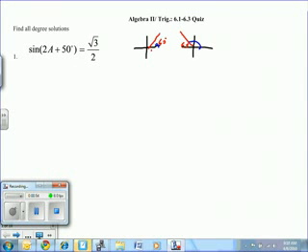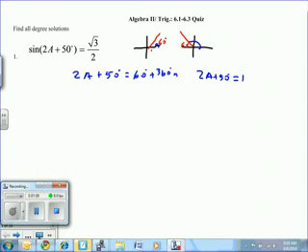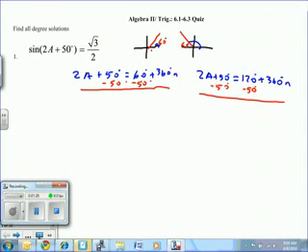So the way we would solve this is we would say that 2a plus 50 degrees equals 60 plus 360n, and 2a plus 50 degrees equals 120 plus 360n, and then all you have to do is the algebra on that. So we're going to subtract 50 from all of these.